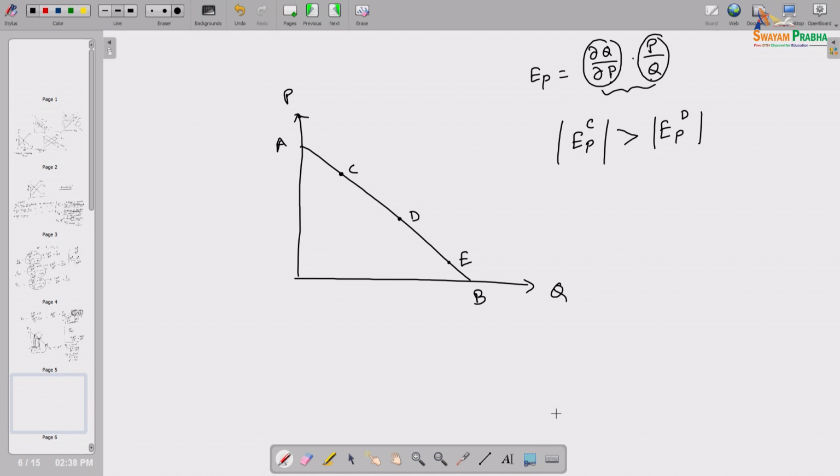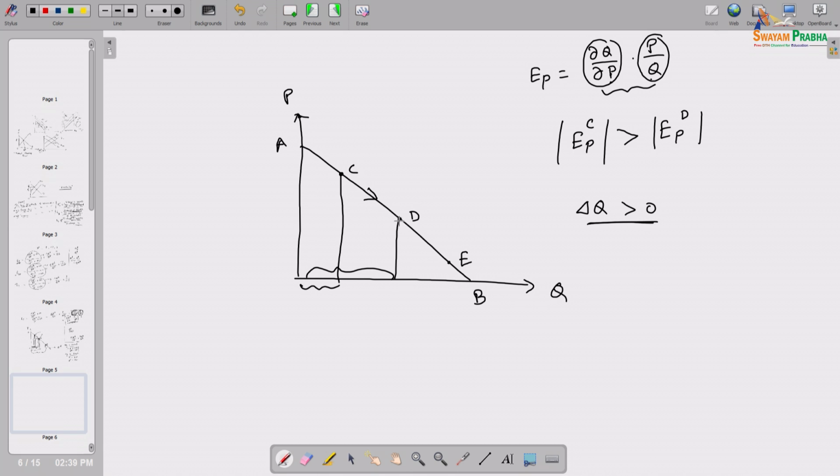Because when you are moving from C to D, your delta Q is definitely greater than 0, positive, because at C point this is your quantity, at D point this is your quantity. D point quantity minus C point quantity, that is delta Q, the change in quantity, and that change is positive.